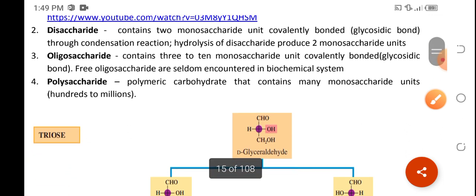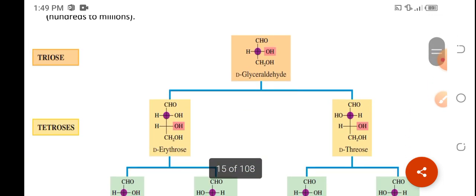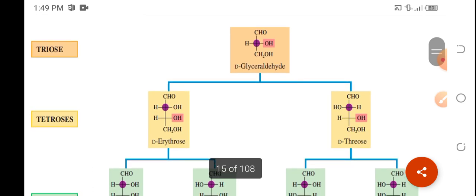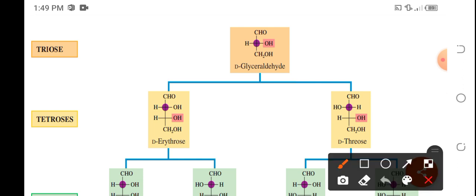Skip lang muna natin ito, balikan natin yung other classification. Para ma-appreciate natin kung ano ba yung sinasabi kong aldose. Okay? So, ito yung structure niya. Nandiyan din sa inyong handout. So, for it to be an aldose, remember that the aldehyde or the carbonyl group should be at the terminal end.